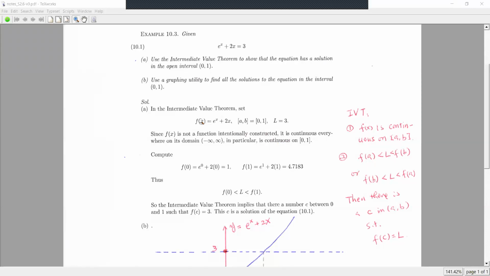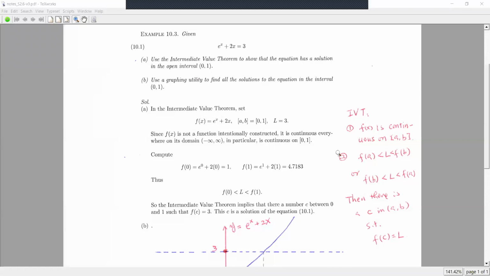So the graph of this function is continuous from negative infinity to positive infinity. In particular, the graph of this function is continuous from 0 to 1. Therefore, condition 1 in IVT is satisfied.